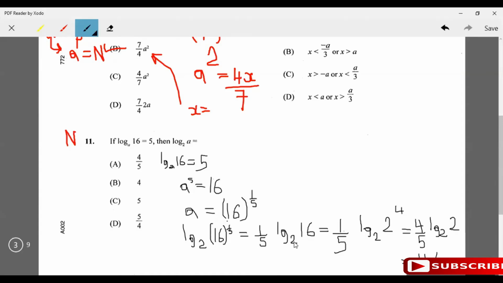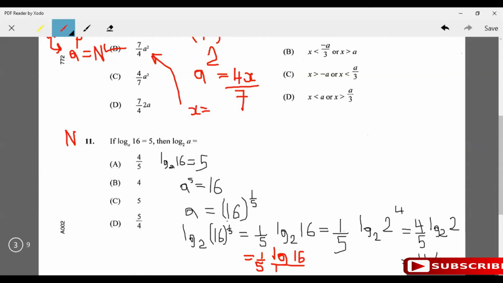As we said, when you got to here, you could have also used the change of base law, where we could have rewritten this as 1/5, then change this to base 10. We could write it as log to base 10 of 16 divided by log to base 2.